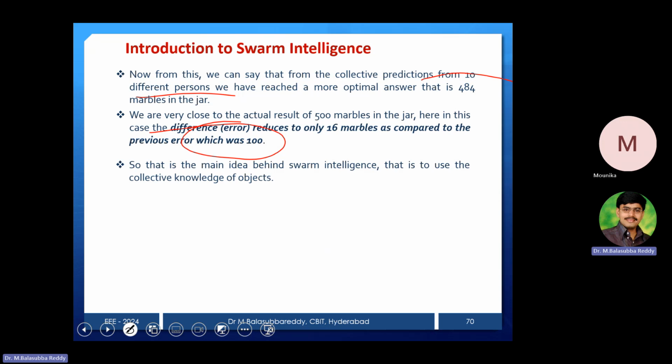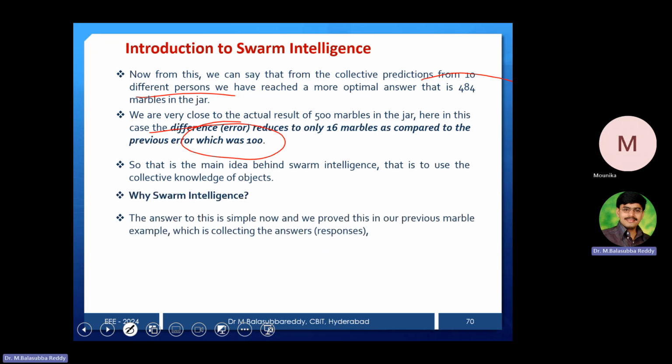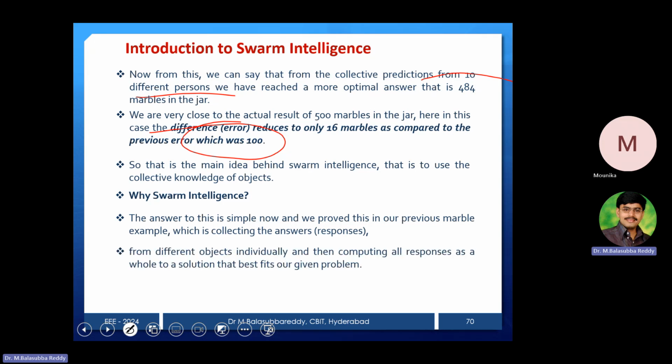The main idea behind swarm intelligence is to collect knowledge. What is swarm intelligence? The answer is simple, as you can see in our previous marble example: collecting answers from the responses of different objects or a group of people individually, and then computing all responses as a whole, so that the result is the best fit for the given problem.